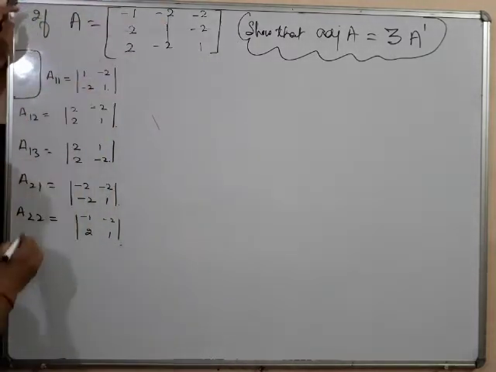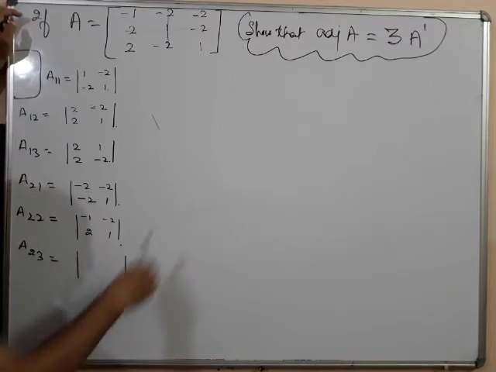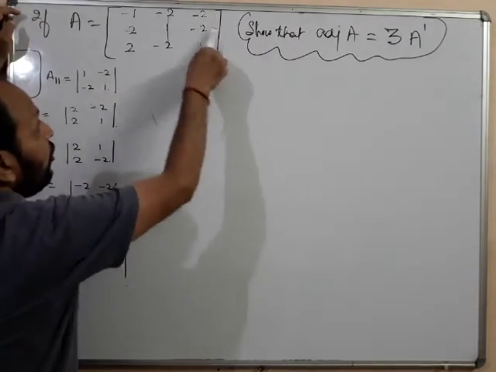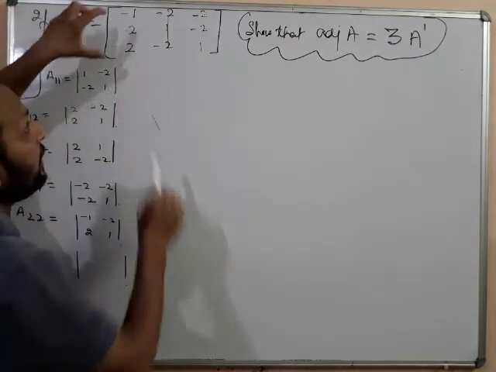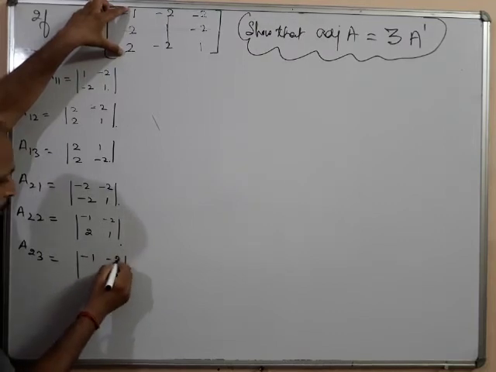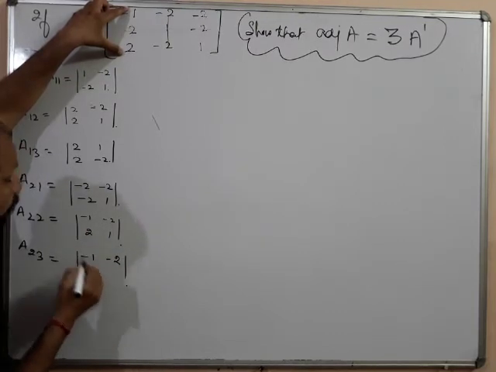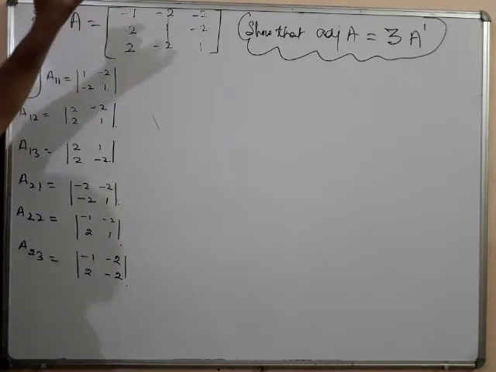Clear? A23, what will be A23? Like this, and this column and this row will be deleted, and we will get here minus 1 minus 2, 2 and minus 2. Clear?